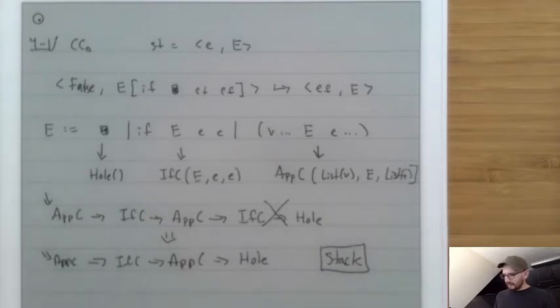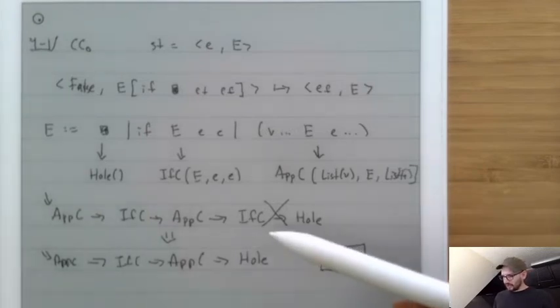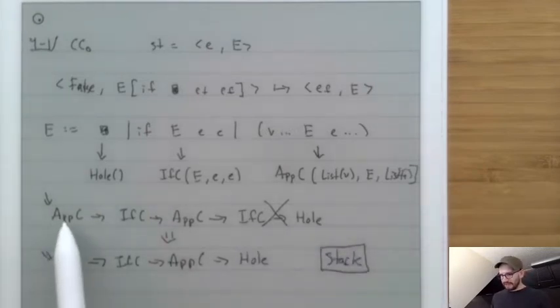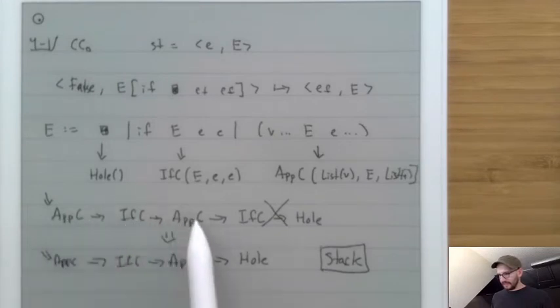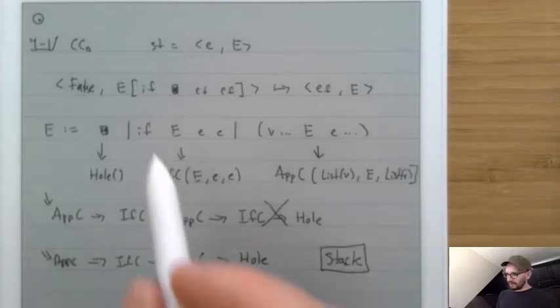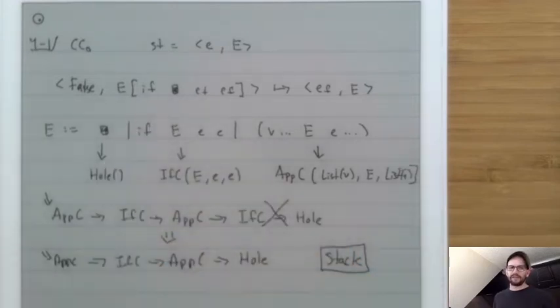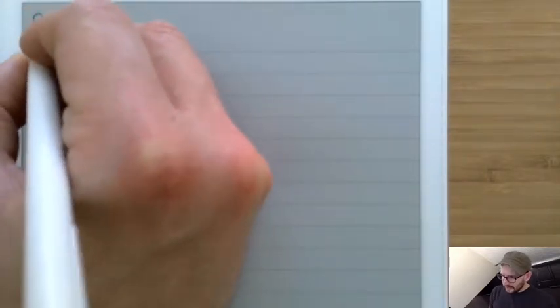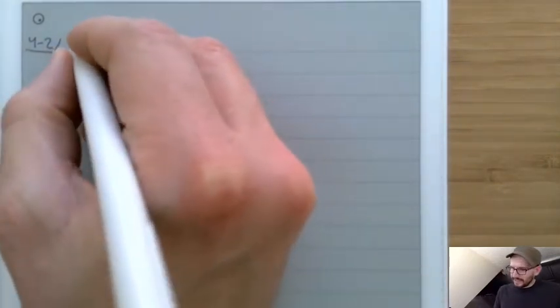And so what a stack would do is a stack would not store this with the appc on the outside and then the ifc, then the appc, then the ifc, but in the other direction. So we would change it so that we would actually be looking at the if at the very beginning. And we can write that down in math in the following way. We can create a structure that we call the K structure.